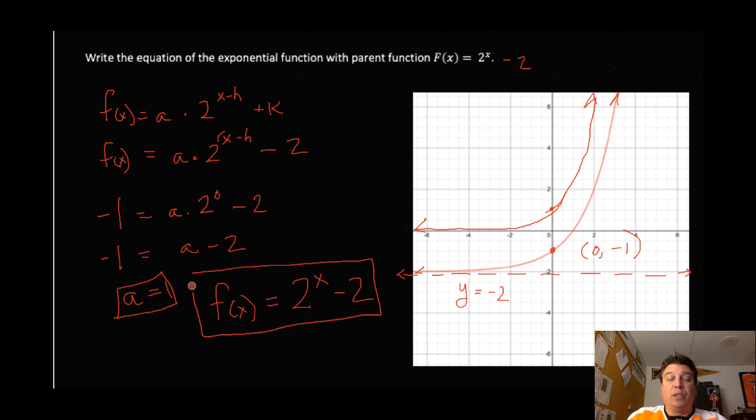Again, we do not worry about the h. It's actually fine to just say, I'm not going to worry about h, so I'm going to erase it. You're not going to need to do anything with that value. It would be captured by the a value if we had to worry about it.